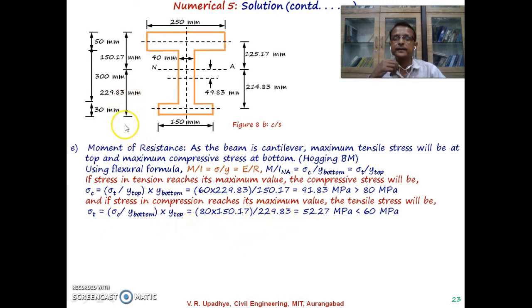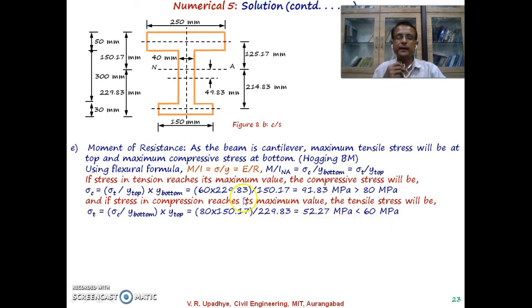So that is written over here. If you calculate this, the value of sigma T becomes 52.27 megapascal, and that is less than 60 megapascal, which is the permissible value of the tensile stress.